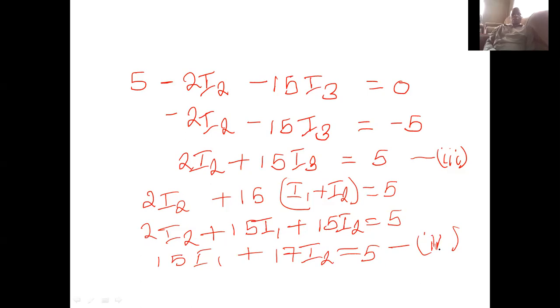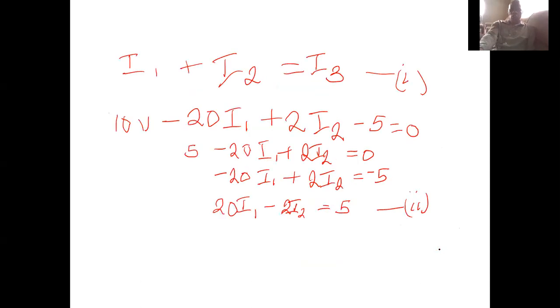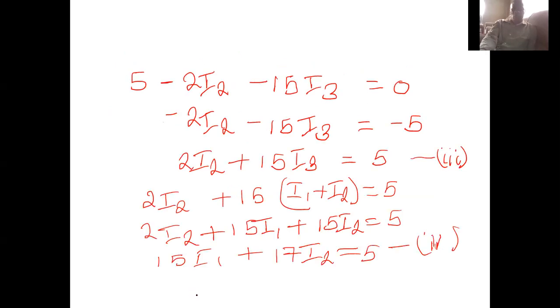And so now, if you note that here, we have two variables, I1 and I2 in equation 4, as well as in equation 2, we have I1 and I2. Meaning that these two equations actually, we can solve them simultaneously. And so let's solve these equations so that we can solve for I1 and I2.